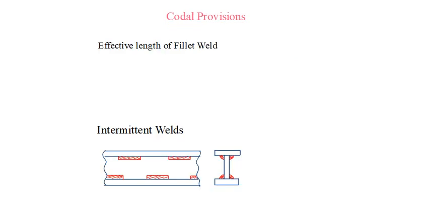Whereas the effective length of fillet weld, which is denoted as LE, is a length calculated corresponding to the size and provided throat thickness.